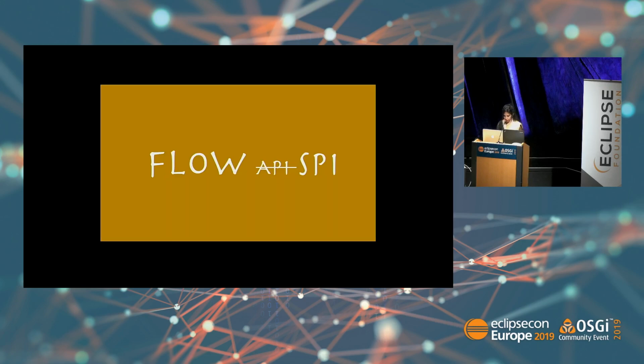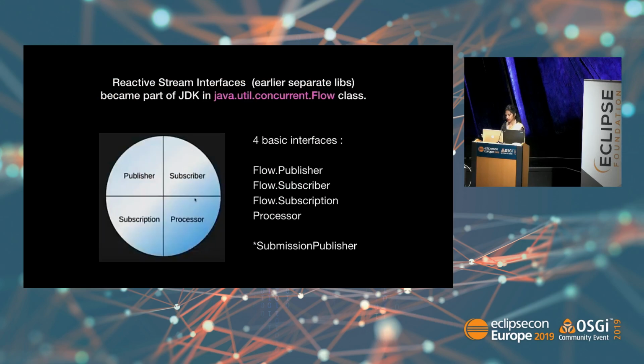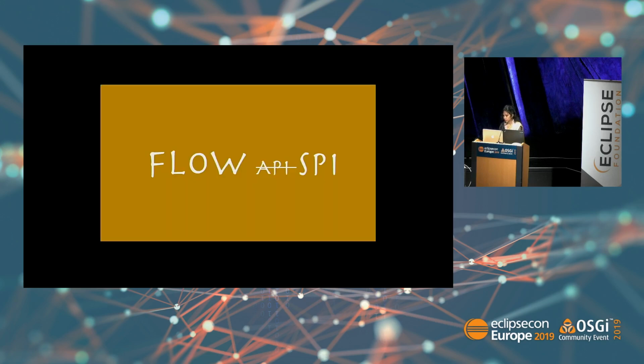I said Java 9 onwards, reactive streams were introduced into JDK. Now I would say, why? When reactive streams started their initiative, it was basically to standardize the exchange of asynchronous data between software components.